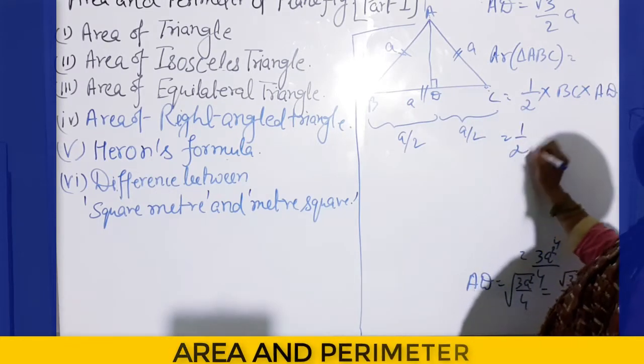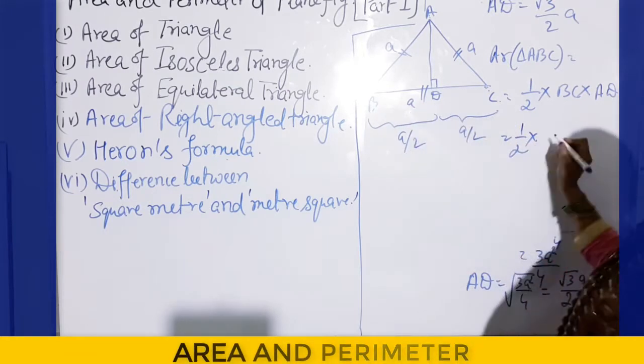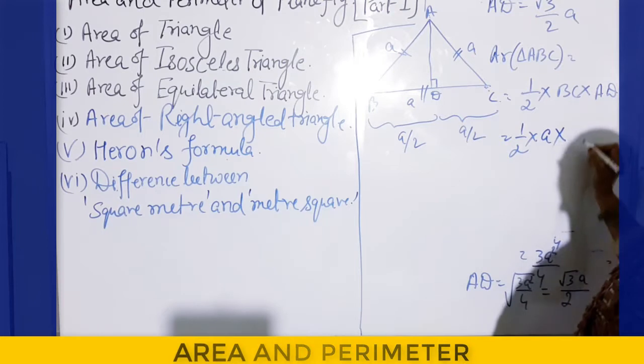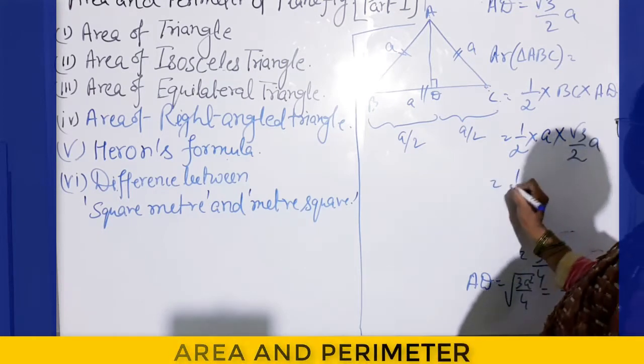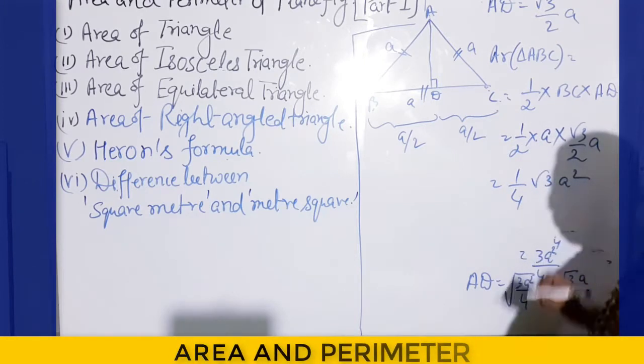That is half into a into root 3 by 2 a, which equals 1 by 4 root 3 a square.